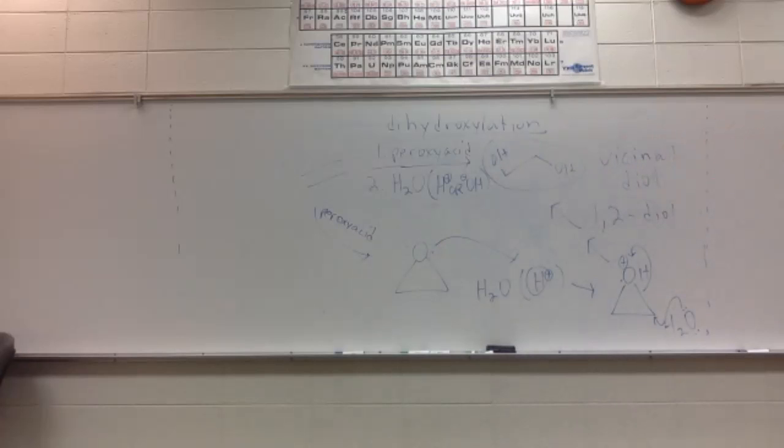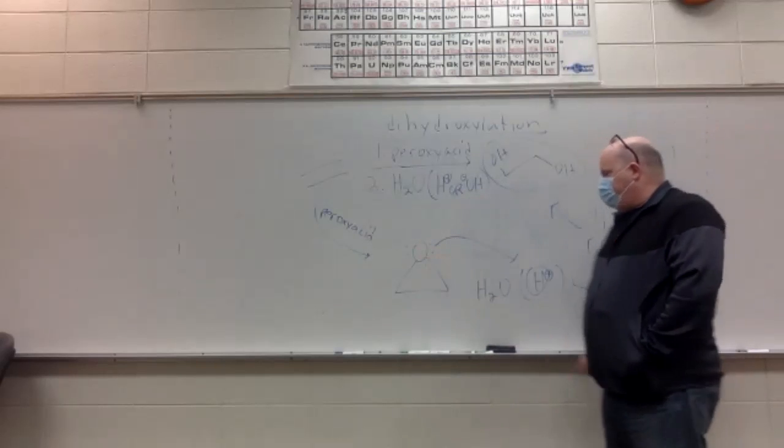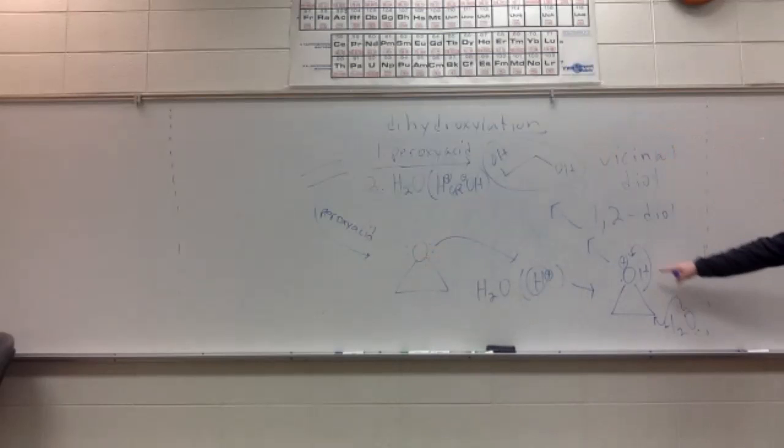Right? Note this. Where do your oxygens come in from? Is this a syn addition? Is this an anti-addition overall? What? Both? Anti, yeah. In the epoxidation, your oxygen came in from one side to make an epoxide, and as we've seen before with epoxide reactions, they get attacked from the back side.